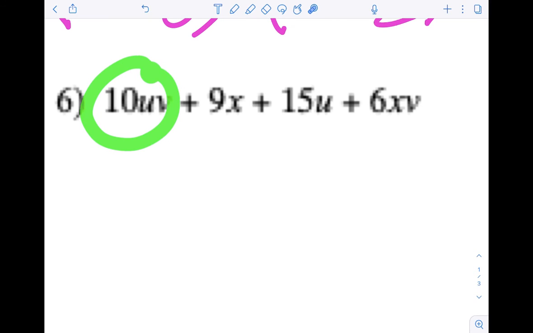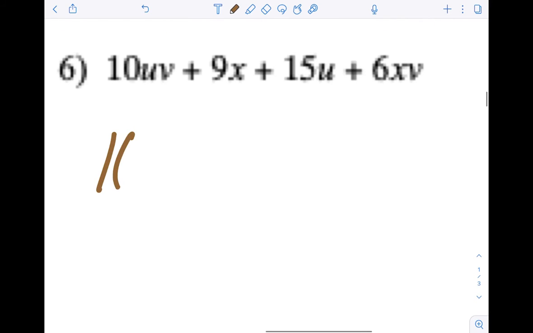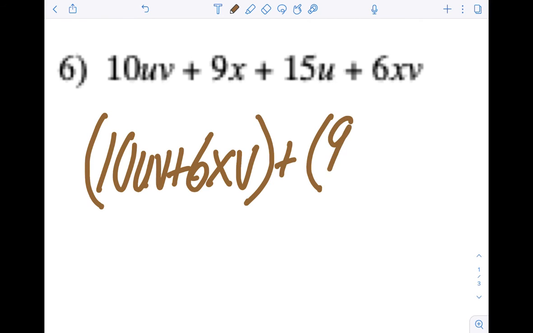I'm going to put this one together with this one, because 10 and 6, I know 2 can go into it, and I have V and V. So I'm going to write 10UV plus 6XV, and I'm going to put a parentheses, plus, so the other two, I'm going to put them together, 9X plus 15U.